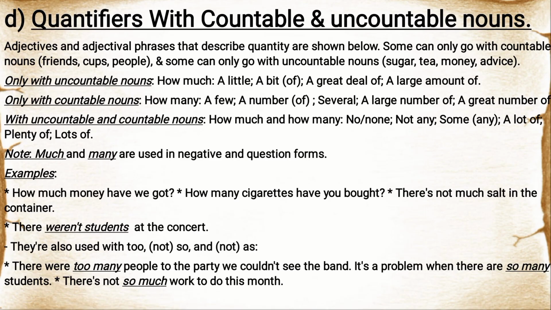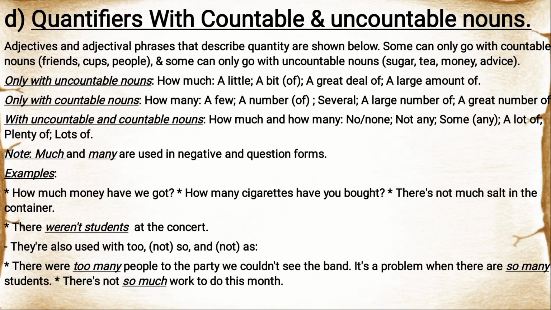D. Quantifiers with countable and uncountable nouns. Adjectives and adjectival phrases that describe quantity are shown below. Some can only go with countable nouns: friends, cups, people. Some can only go with uncountable nouns: sugar, tea, money, advice. Only with uncountable nouns: how much, a little, a bit of, a great deal of, a large amount of.